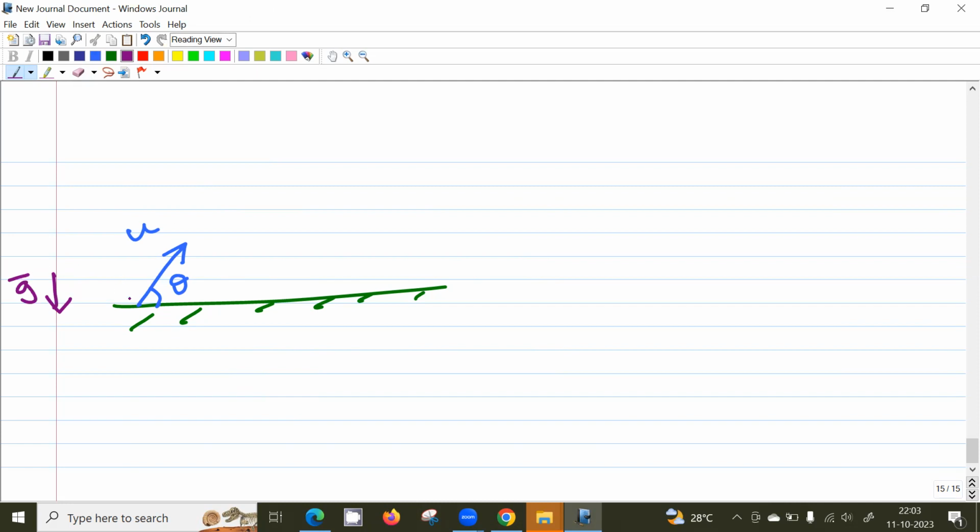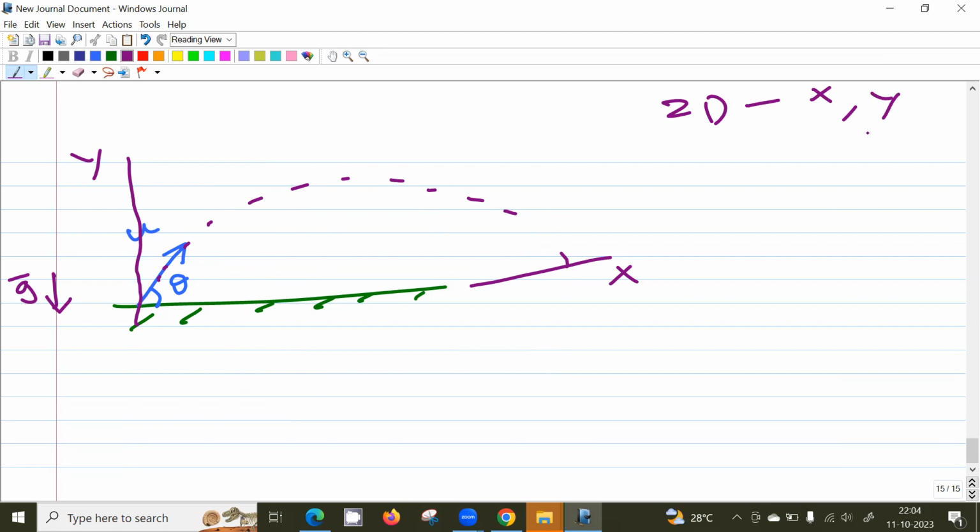So this motion I can split into two components. One is the x-axis, and the vertical one is the y-axis. So this is actually a 2D motion. The thing will go like this, and from one point to another, both x and y are changing. So it's a 2D motion, with x motion and y motion.